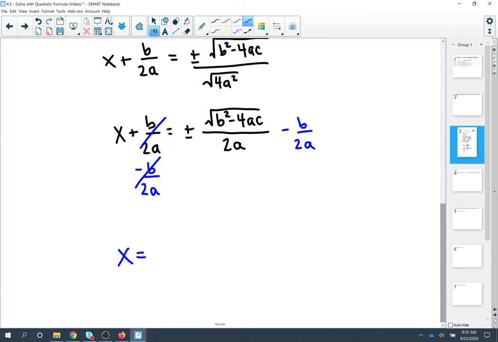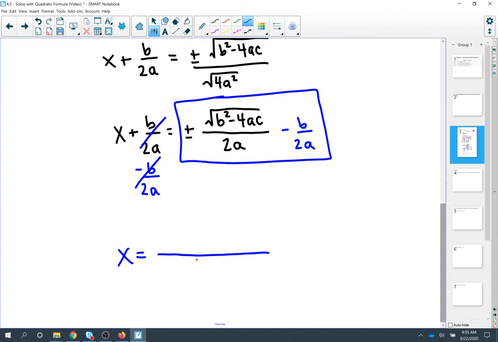Now, if I look over at this huge thing that I'm sitting with right now, do you notice that they have a common denominator? So whatever my answer is here, I know that my common denominator is going to be 2a. Then I'm going to look at this and I have a negative b, and then I have a plus or minus. So I'm going to take my negative b and put it in front. I'm going to then keep my plus or minus, which is out front here, of my square root of b squared, and at this point I'm going to write that in parentheses, minus 4ac, and we have x by itself.